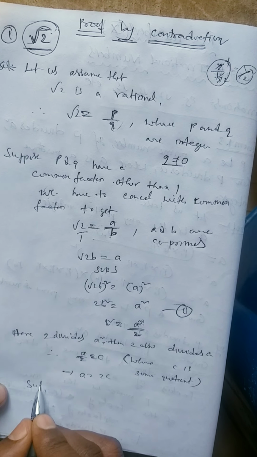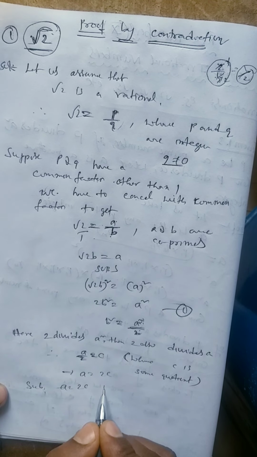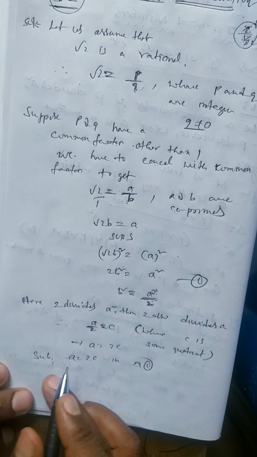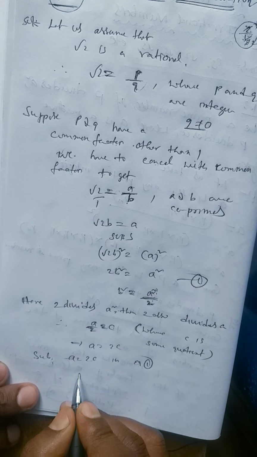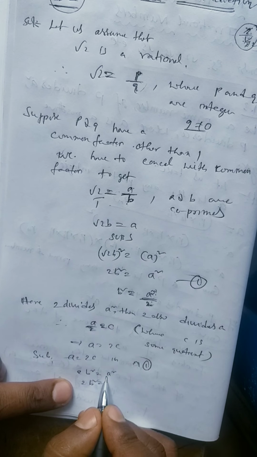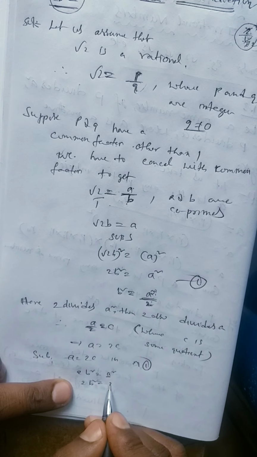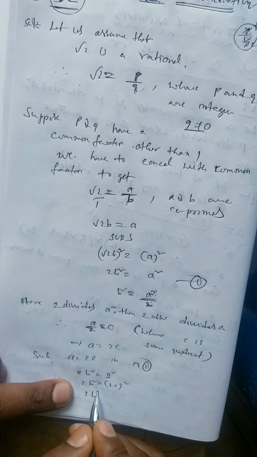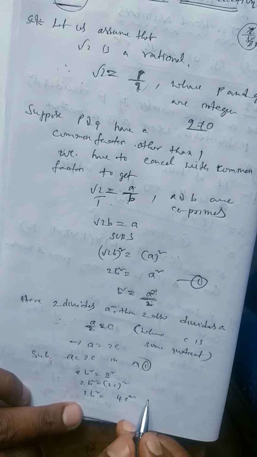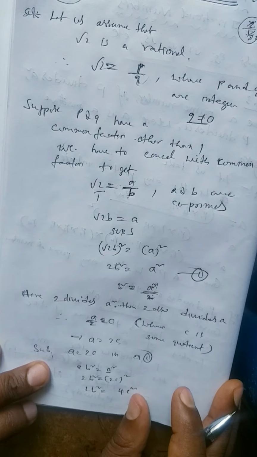So substitute a equal to 2c in equation number 1. The actual equation 1 is 2b square equal to a square. In place of a, I can replace 2c. So 2b square equal to 2c whole square, which I can write as 4c square.